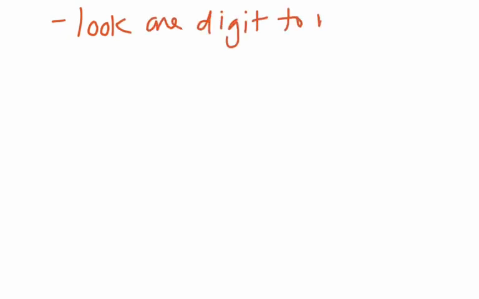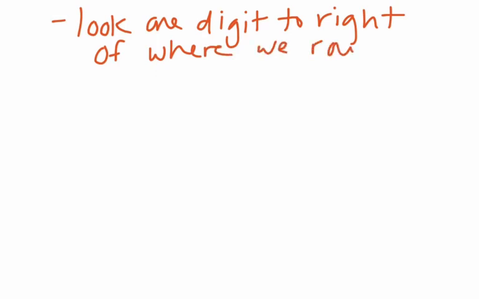Like, am I rounding to 1 decimal place, 2 decimal places, 3, and so forth, rounding to the nearest 10, the nearest 100. The way that we round is we always look 1 digit to the right of the spot where we want to round to.